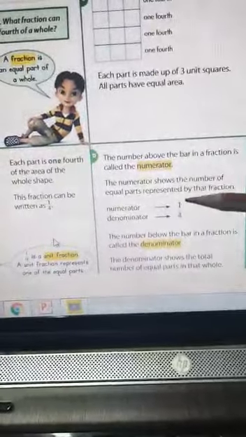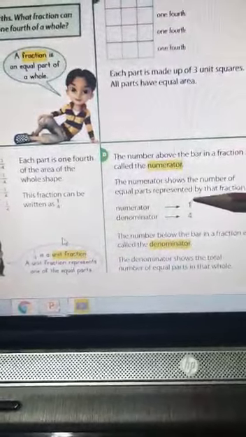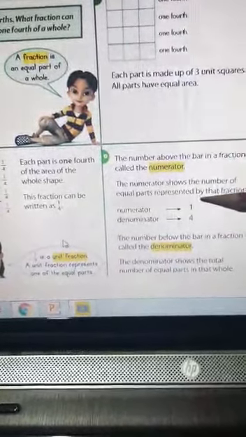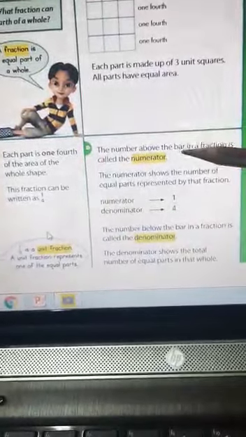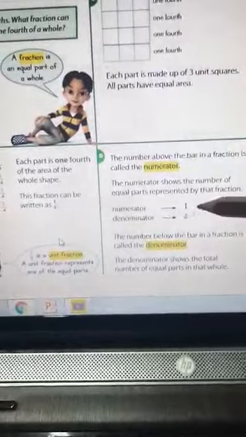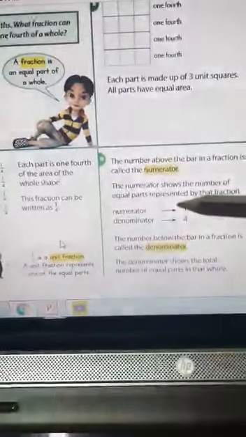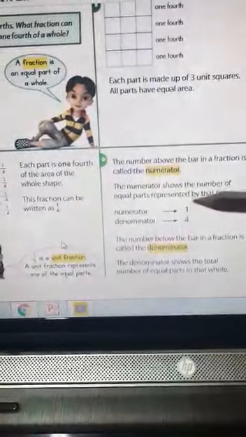So the numerator is up, above. You will not tell me the numerator is 4 here. No, the numerator all the time is above the what? Bar. Bar means this line. We call this line in a fraction the fraction bar. So the numerator comes where? All the time up, above.